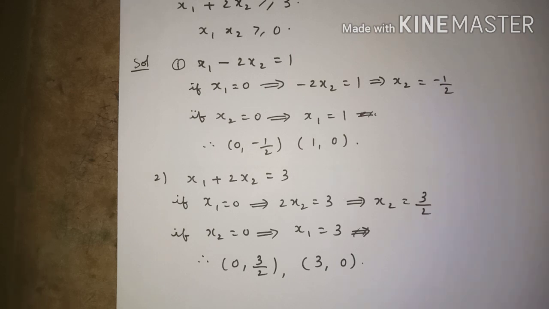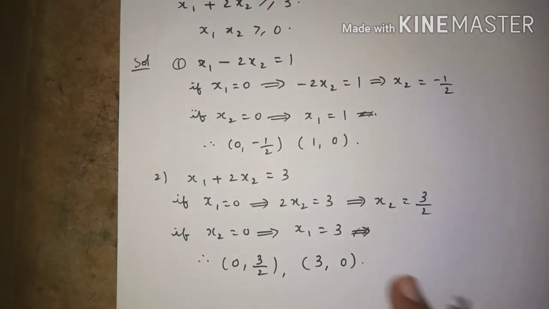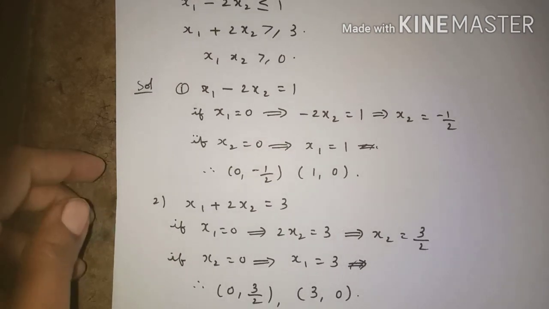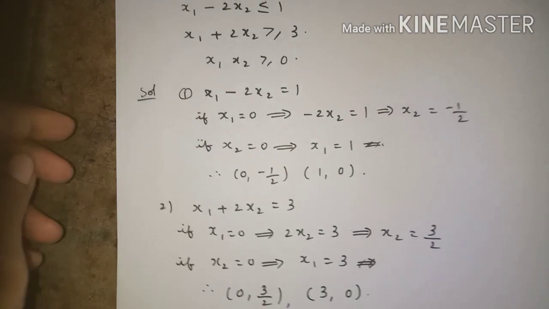Now, if you observe, all the points lie between minus 1 by 2 and 3. Maximum is 3, minimum is minus 1 by 2. Now we will plot the graph using these points.